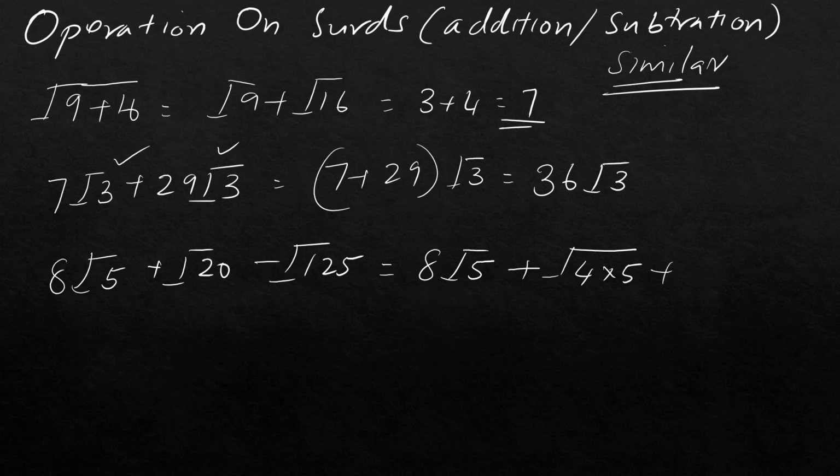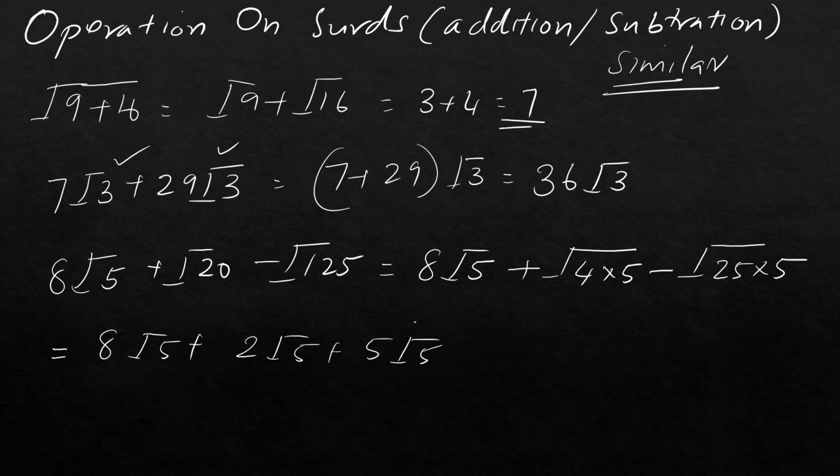Root of 125 can be written as root of 25 into 5. That means in the next step I can write 8 root 5 plus 2 root 5 minus 5 root 5.